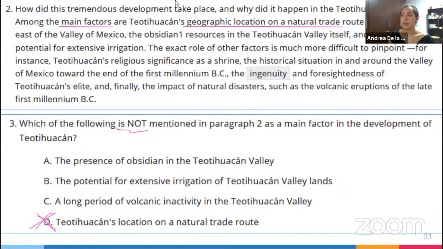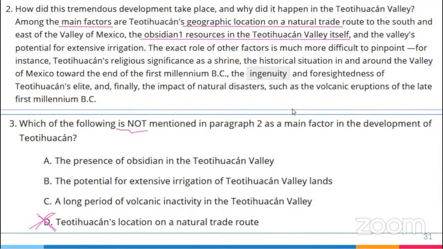We continue reading. The obsidian resources in the Teotihuacan Valley itself. Do we have an option that says that? Letter A, exactly.